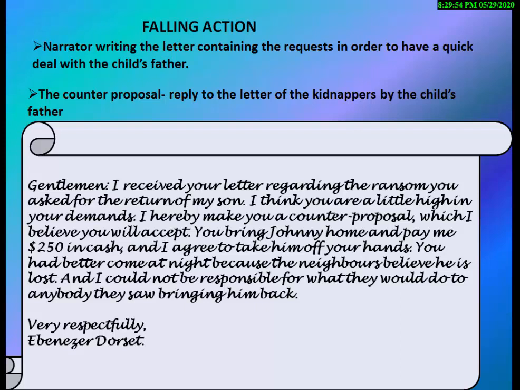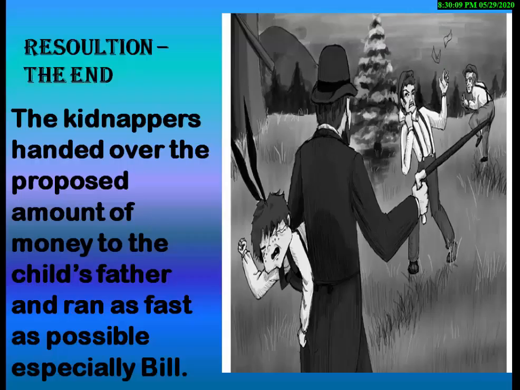Then he took the child, and Bill asked, how long can you hold this boy? Ebenezer Dorset says, I am not very strong now, but I can promise you 10 minutes. And Bill says that is enough. In 10 minutes they would be running so fast that they would cross the Canadian border also.